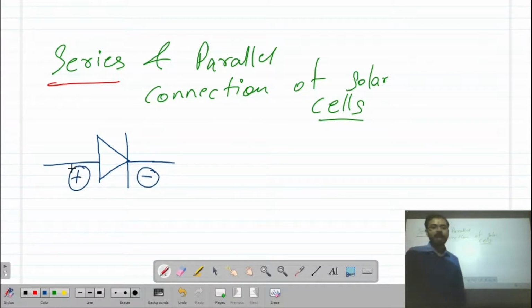This is the symbol of a diode, right? This is the positive terminal and this is the negative terminal. Now we have another diode.